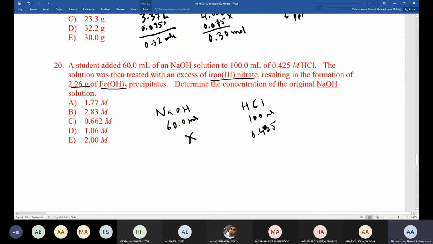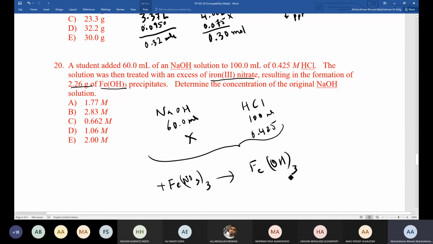So we react these two solutions with FeNO3, and this gives us FeOH3. And the mass is 2.26.